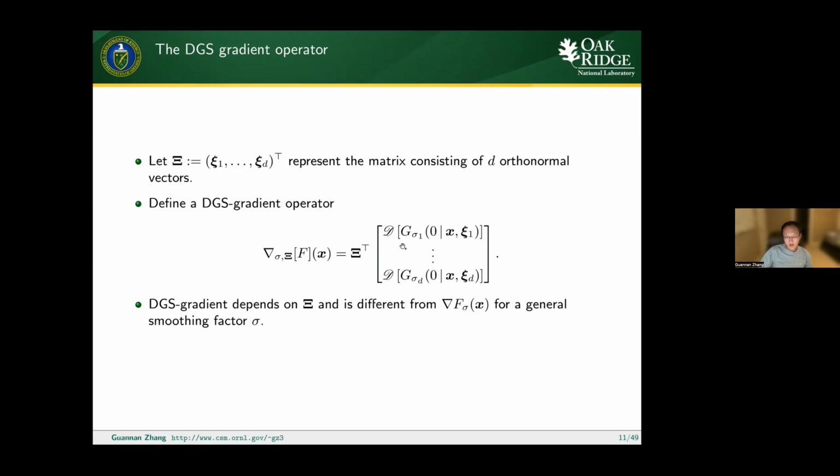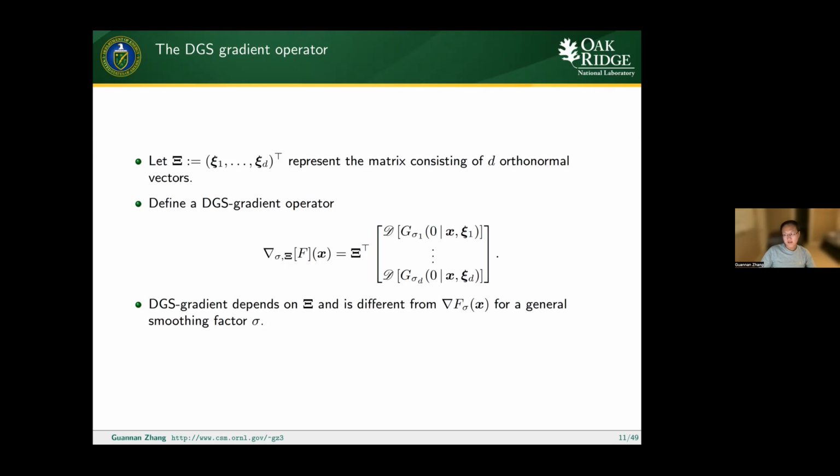Once we have all of those, we can stack them together to define our non-local gradient. We also call it the DGS gradient, because we use directional Gaussian smoothing to define it. Of course, this gradient depends on the smoothing radius sigma and also the orthogonal system.